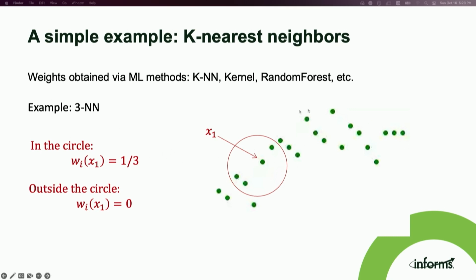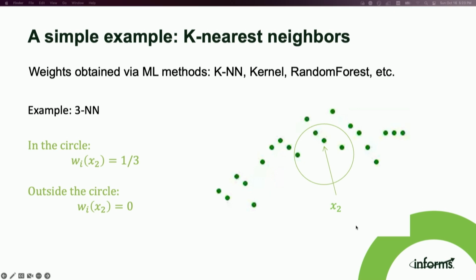For the data points outside the circle, we assign 0 to their weights. Therefore, if we have a different input feature value, suppose we have this dot x2, using the same rule, we will have a set of different weights. That's one way of achieving the weights depending on different given feature values.